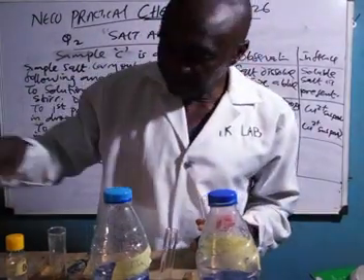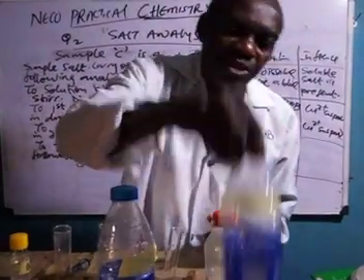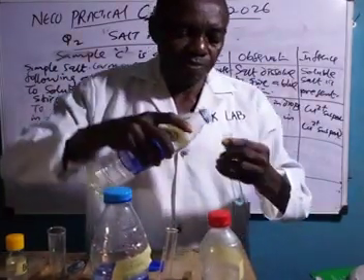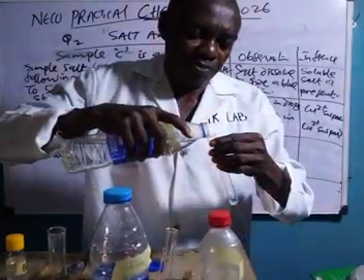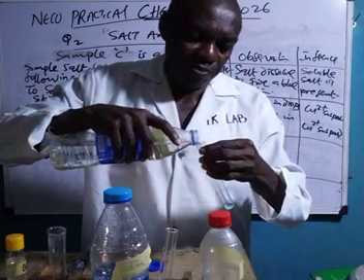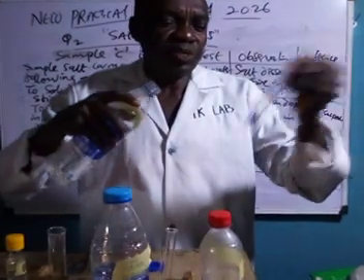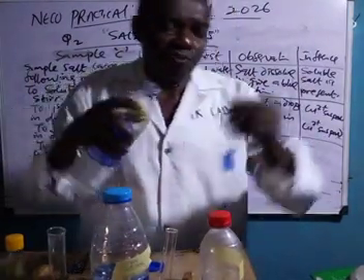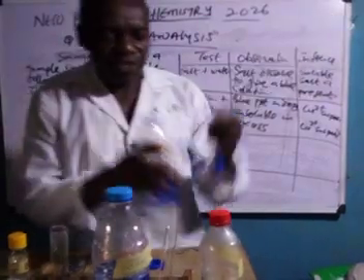Where is our ammonia? This is our ammonia solution. Blue precipitate in drops. See, it dissolves in excess to give a deep blue solution.